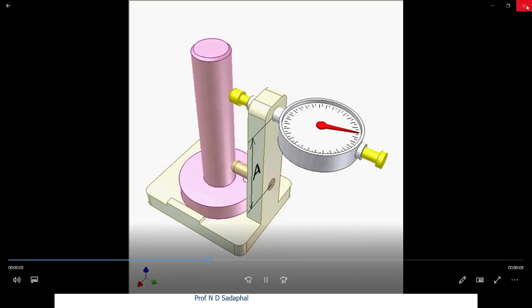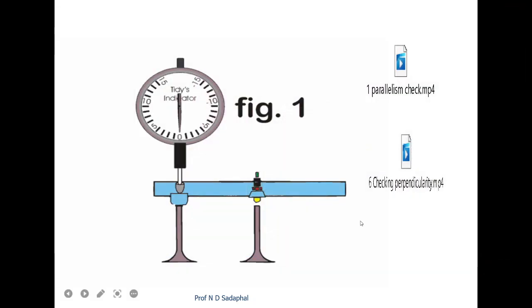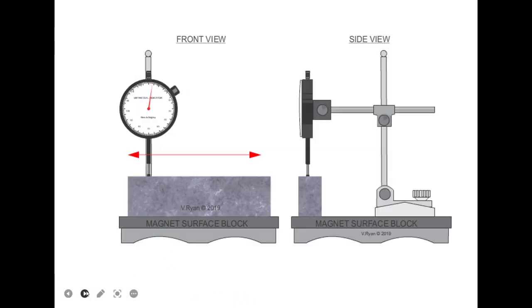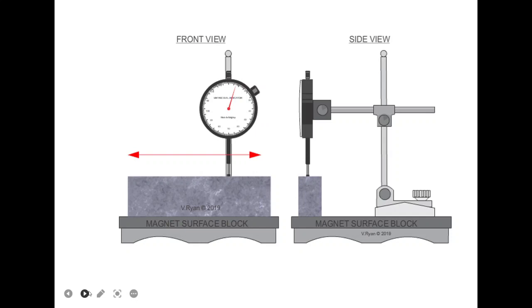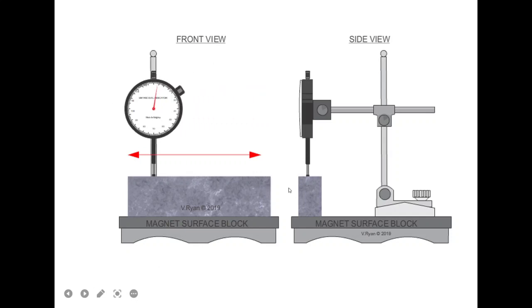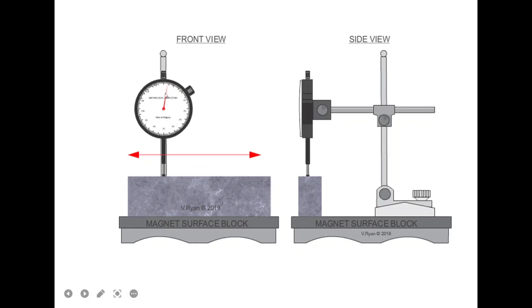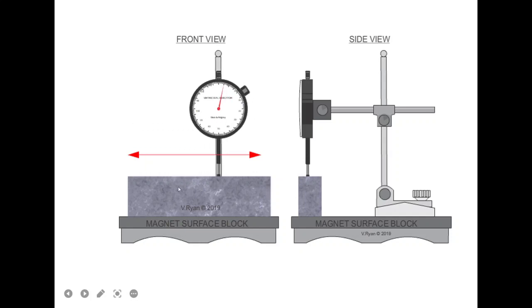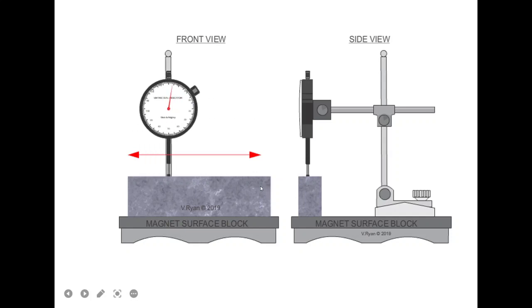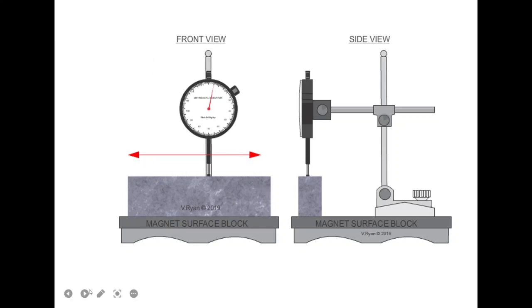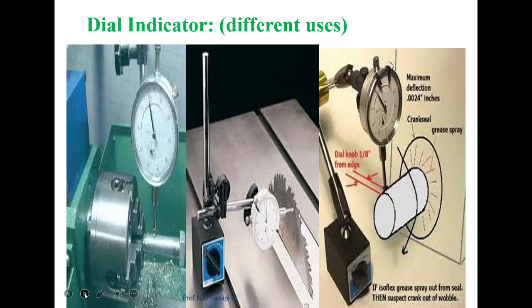Likewise, we can study variation. Also the flatness of your surface can be checked by the dial indicator. If the needle is moving, it indicates that your surface is not perfectly flat. Also roundness, perpendicularity, and straightness we can check with the help of the dial indicator.